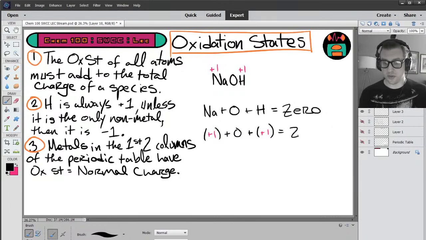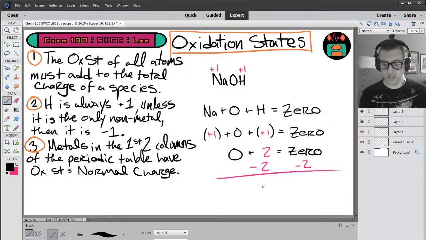And this is equal to 0. So if oxygen +2 equals 0, we can solve for oxygen by subtracting 2 from both sides of this equation. Oxygen will then have an oxidation state of -2.